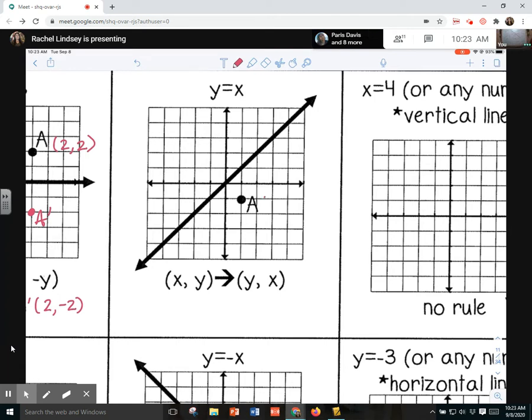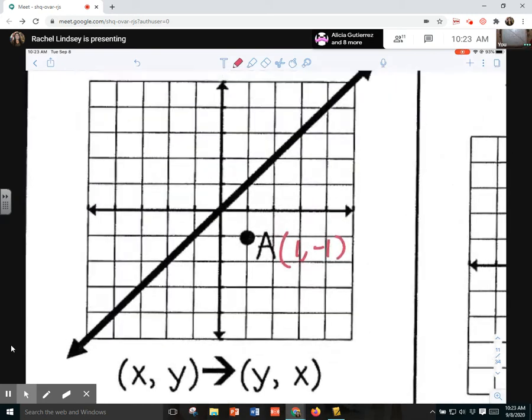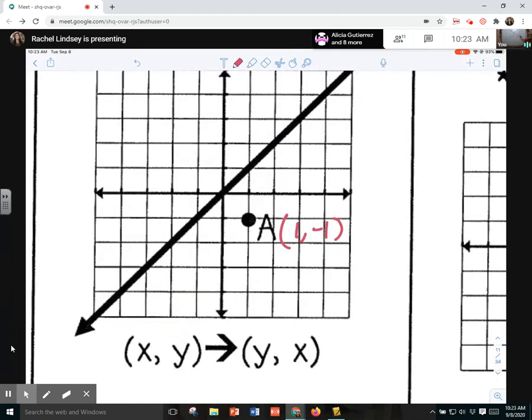So I have A at 1, negative 1. I'm going to flip those coordinates to get my A prime. So negative 1, positive 1. I just flip their order down here. So I'm at negative 1, positive 1 for A prime. Like the x is negative 1.